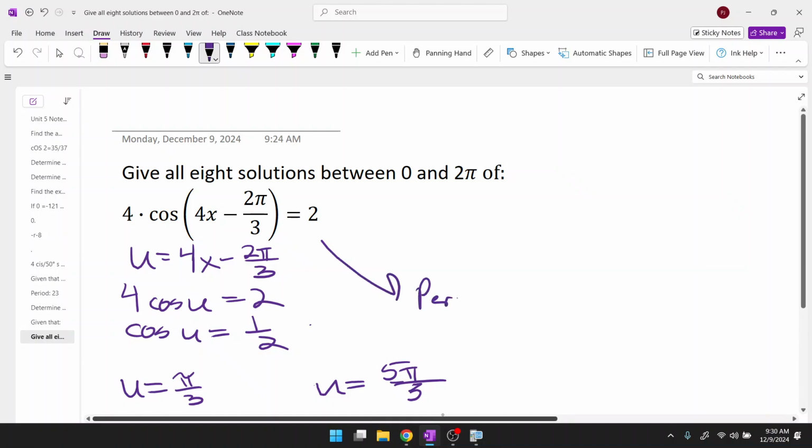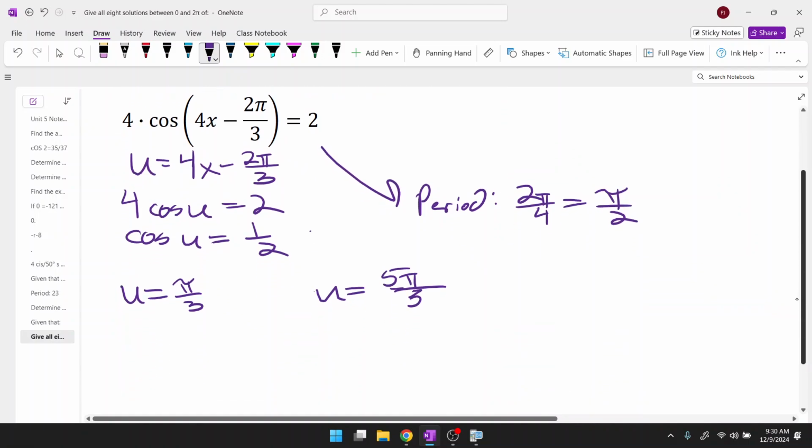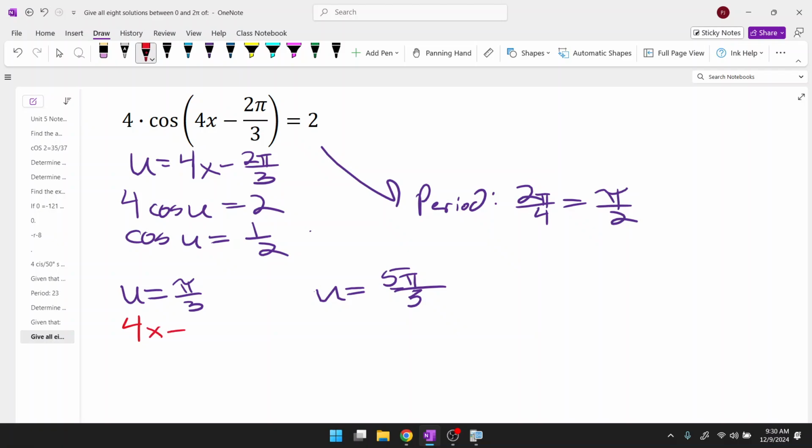The period is 2 pi over 4, or simply pi over 2. So you have 4x minus 2 pi over 3 equal to pi over 3.